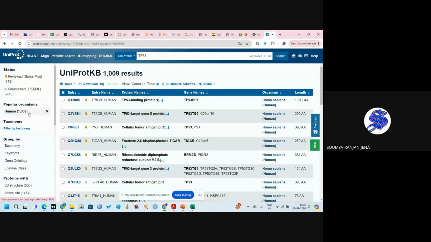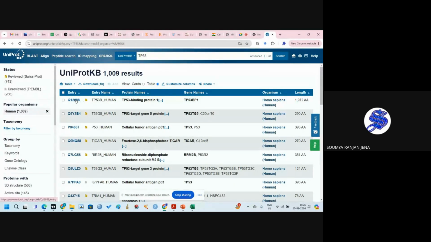This protein is listed 1009 times, meaning this protein is varied or mutated. Due to this mutation, different sequences will be found in this gene. If I click on TP53 binding protein 1 and different TP53 mutated proteins.